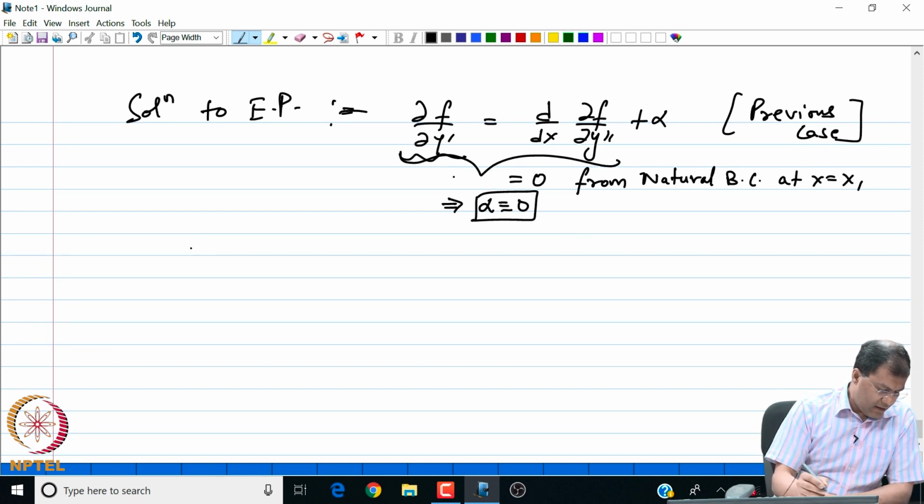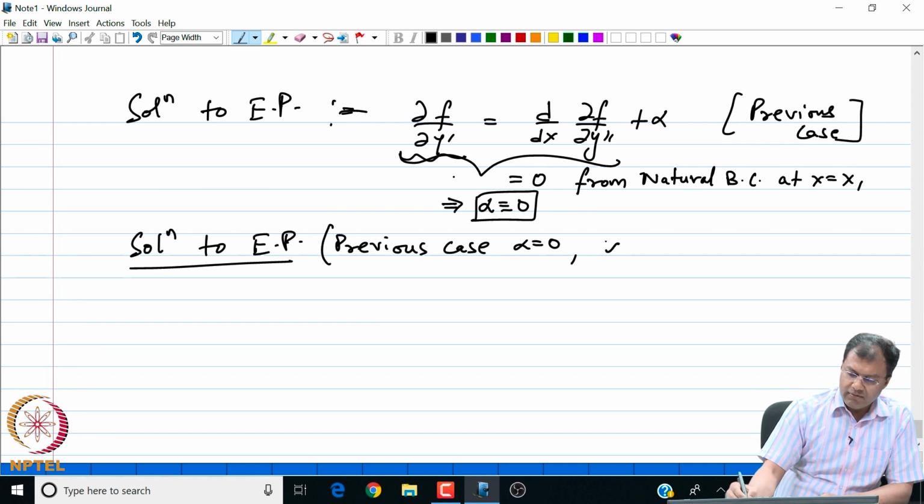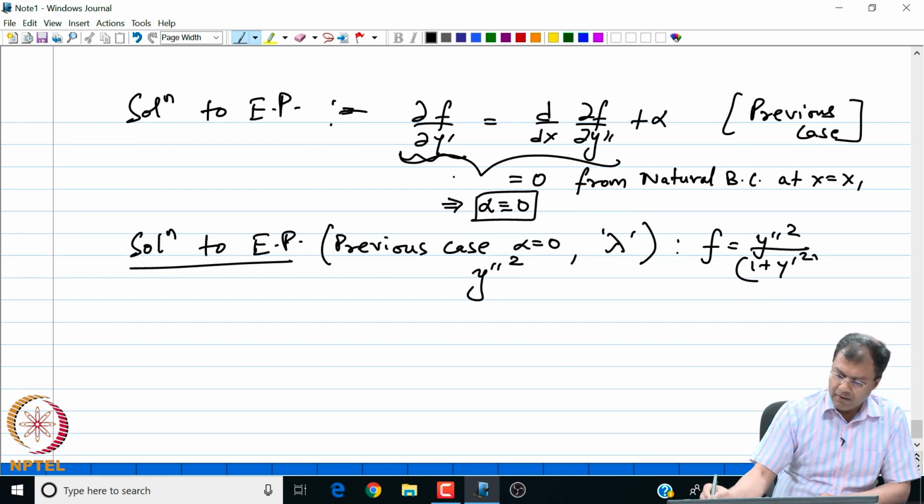Which means that from my previous case I can directly write the solution to the Euler-Poisson equation with alpha equal to 0, and we have the introduction of a new constant lambda. We see that our equation reduces to the following form: my f is y double prime square over (1 plus y prime square) to the power 5 by 2, plus lambda times square root of 1 plus y prime square.